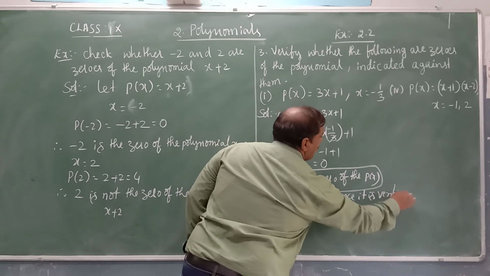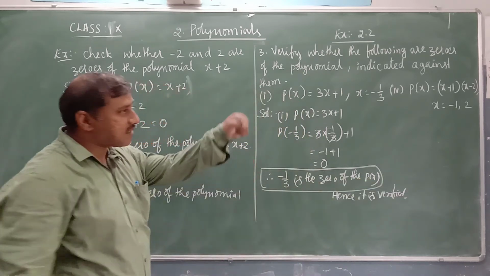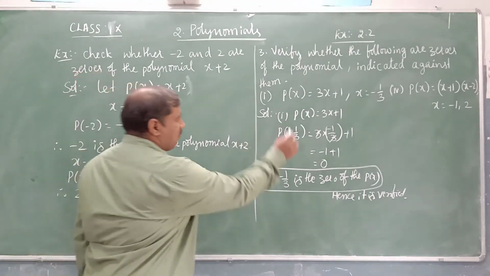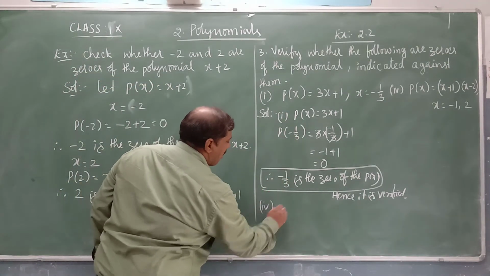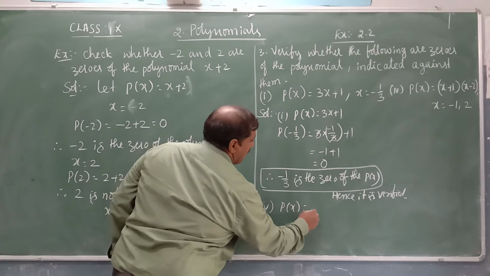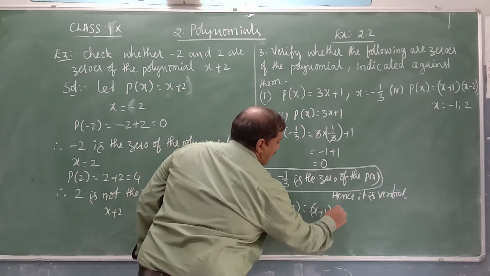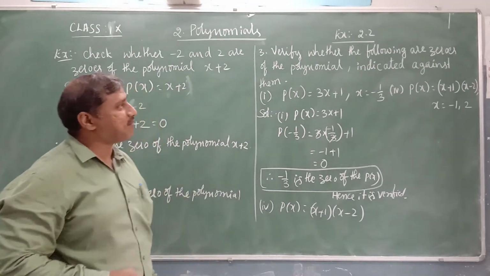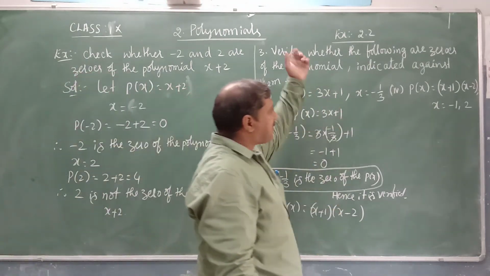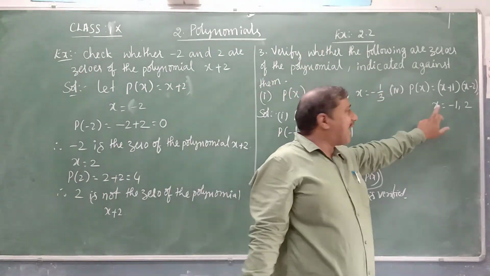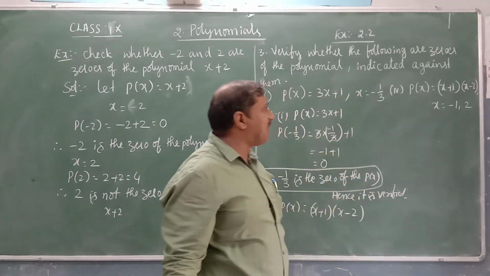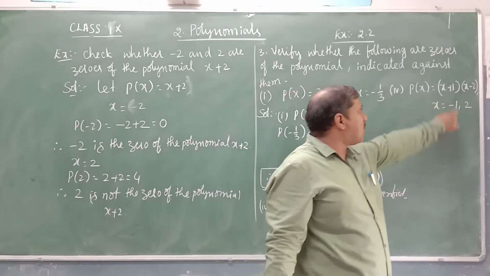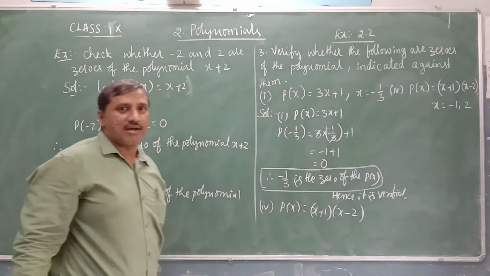Now see this fourth bit. There we have one more polynomial given. P of x is equals to x plus 1 into x minus 2. Here we have to check whether x is equals to minus 1 is a 0 of the polynomial or not, and x is equal to 2 is a 0 of the polynomial or not.